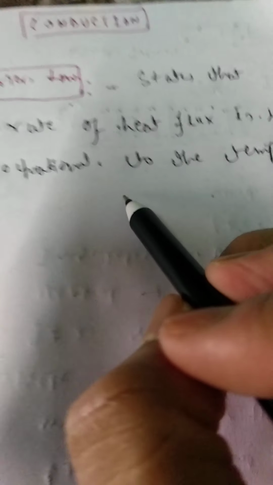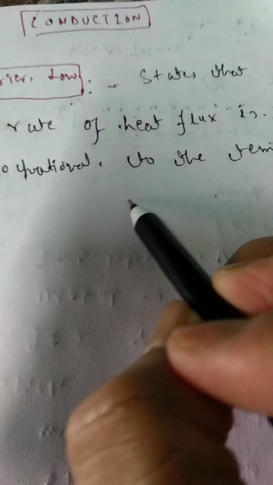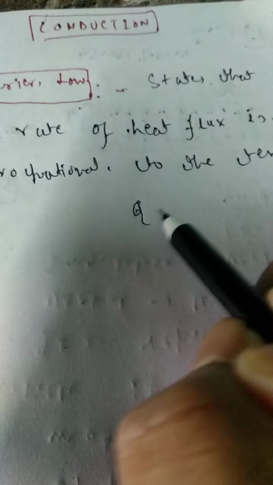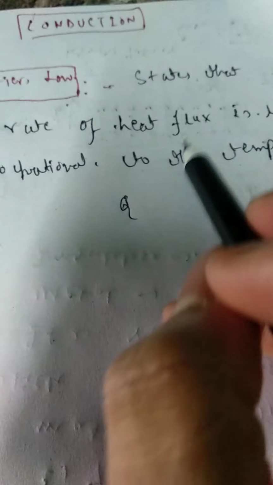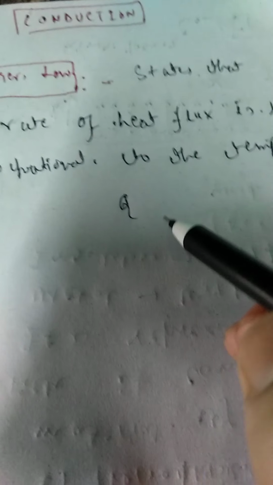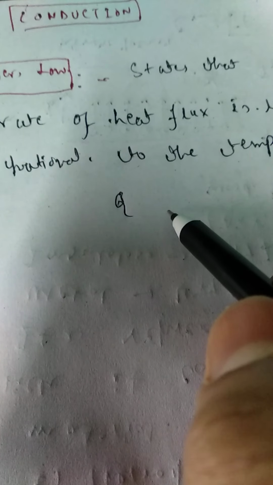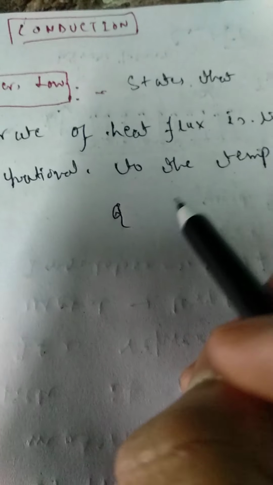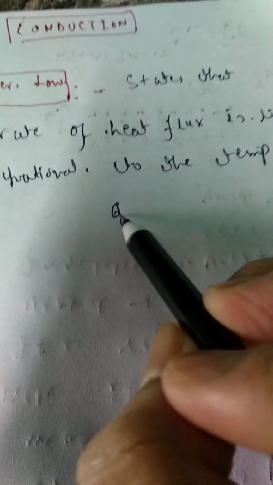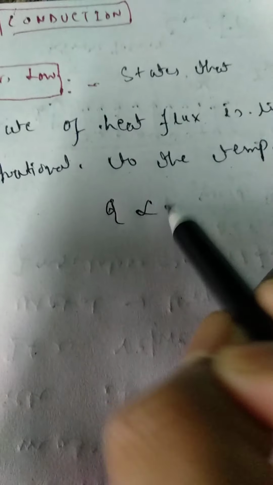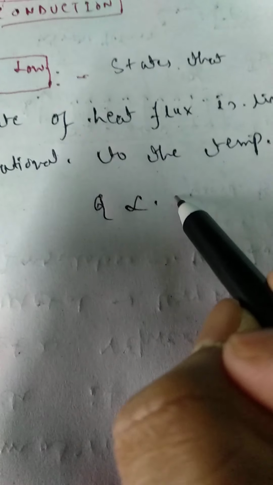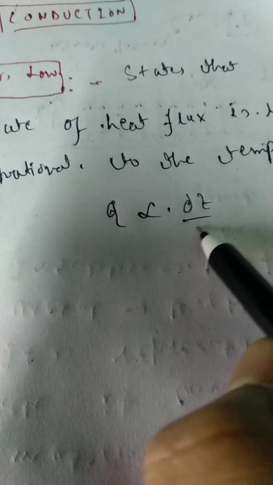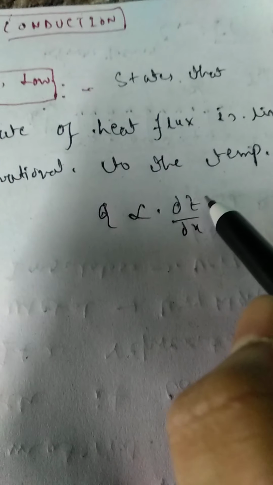It means that the heat transfer, dq by dt, which is the heat flux, will be proportional to the temperature gradient.